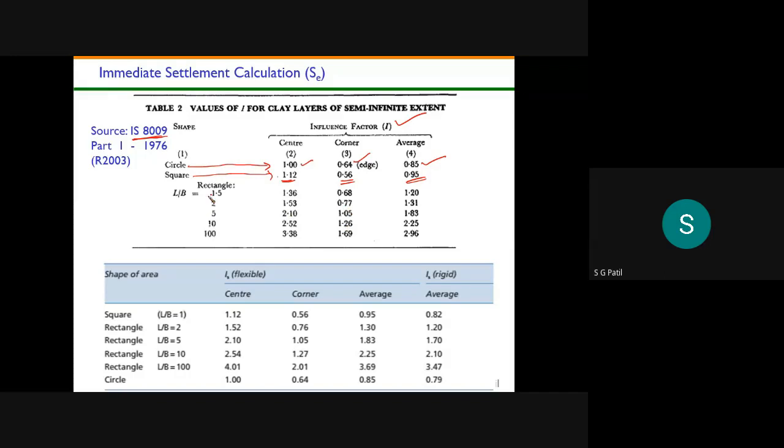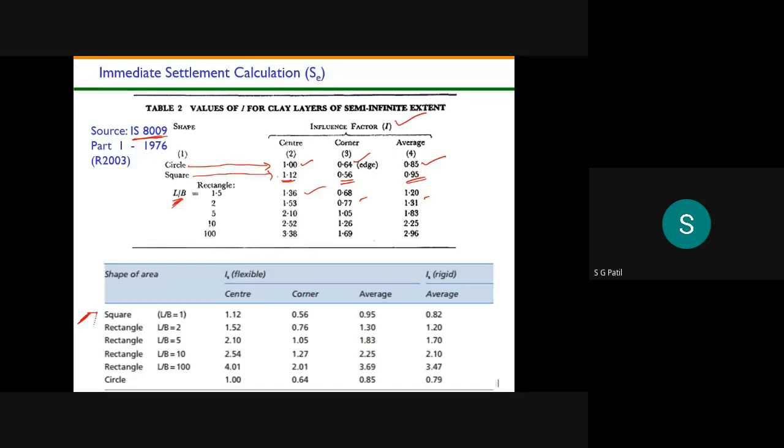For a rectangular foundation, for different L by B ratios, you can use these influence factors. This is the same table, but taken from a different source. There is a book called Soil Mechanics by Craig, and in that book they have given this table.